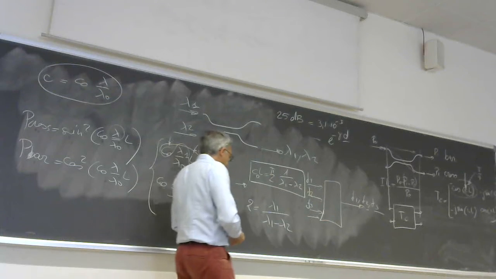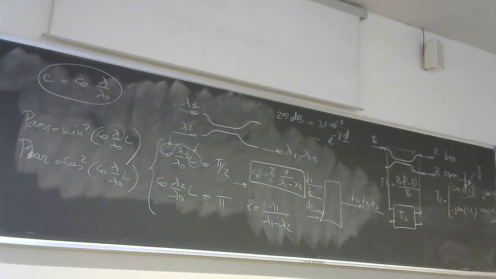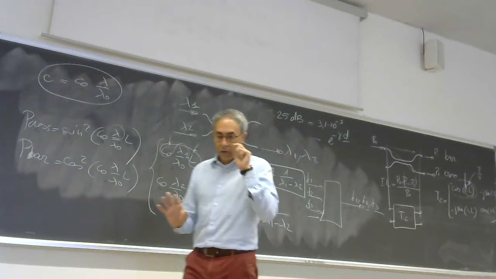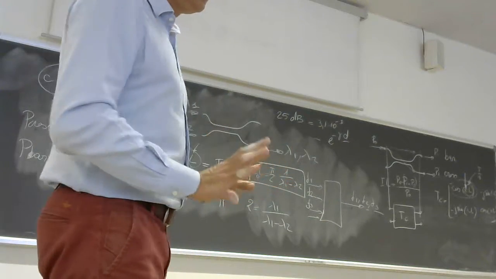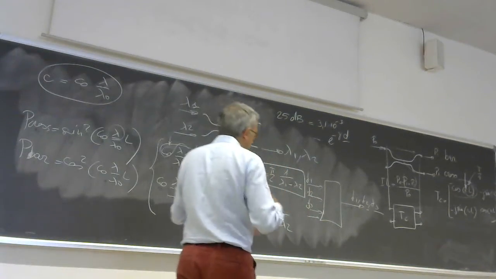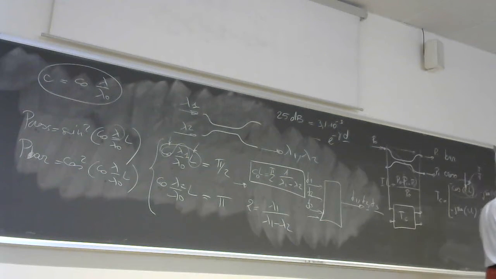So, what is the conclusion of this thinking? The directional coupler, we know how it works. We know how to design it. We know that it depends on the wavelength. So in case you wanted to operate over a broad range it is a problem, but you can exploit this dependence.